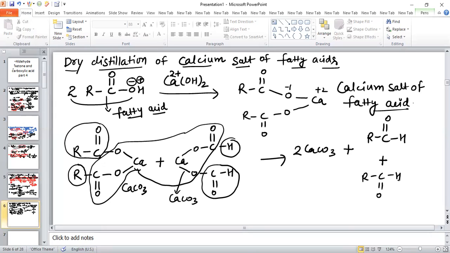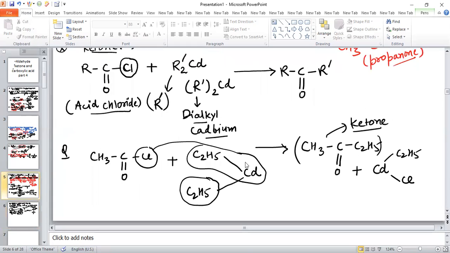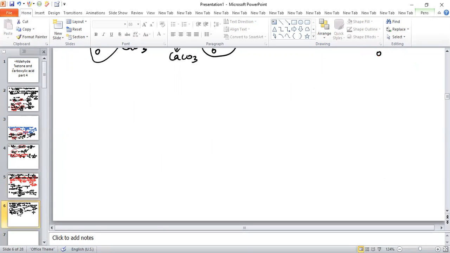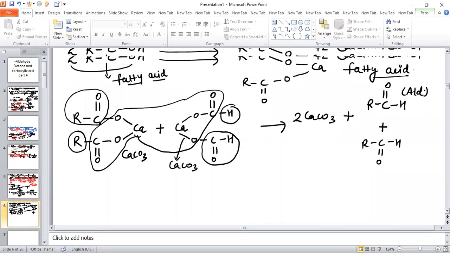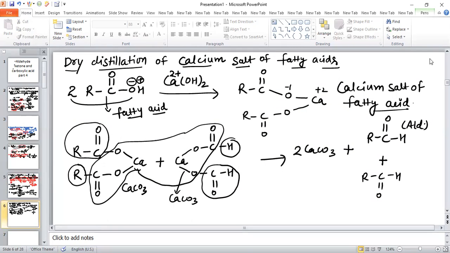In the same way, the compound we have prepared is basically an aldehyde. So preparation of aldehyde we have discussed. We are discussing the dry distillation reaction, and this dry distillation of calcium salt of fatty acid is used for preparation of aldehyde and ketone.